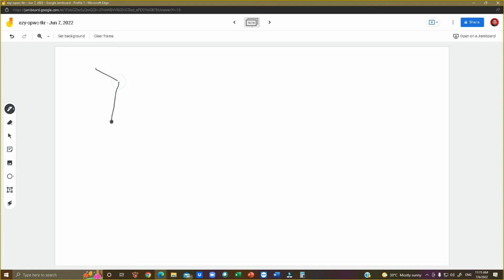Macam ni lah kot. Tibia, fibula, femur. So we have patella tendon attached to the tibia. We have the patella here at a 20-degree angle. So the angle of attachment, theta, equals 20 degree.